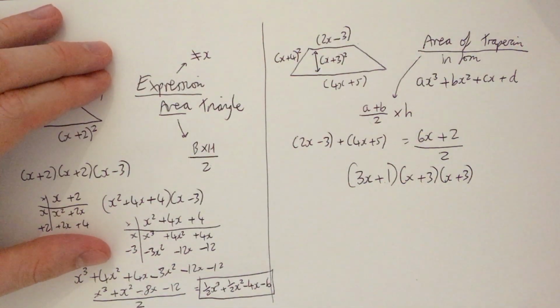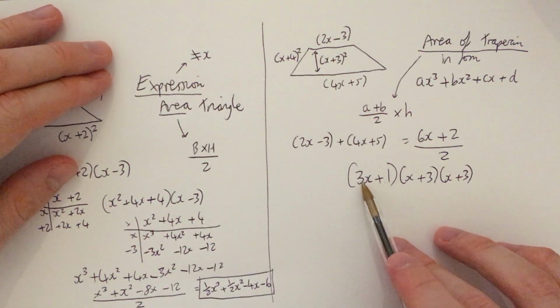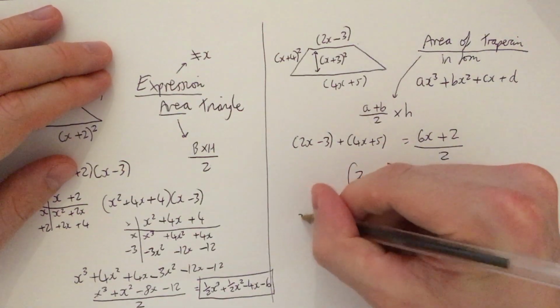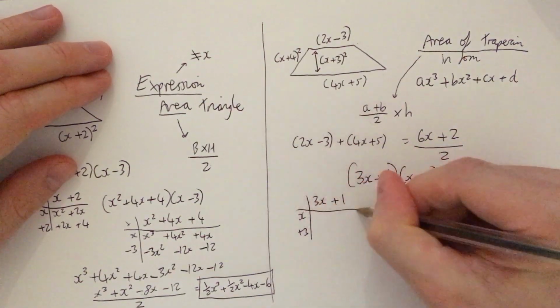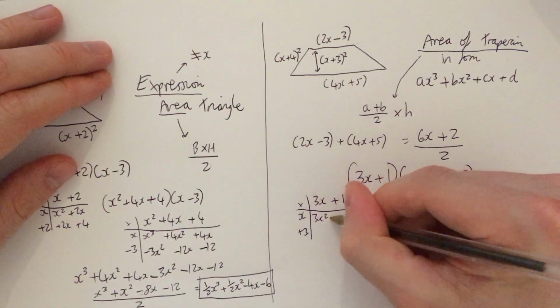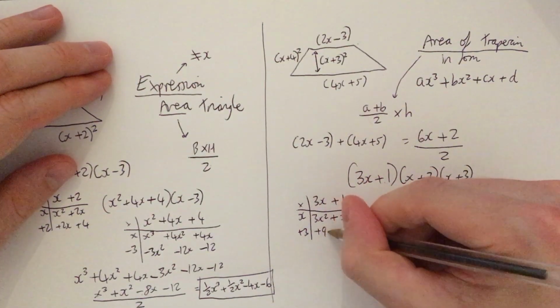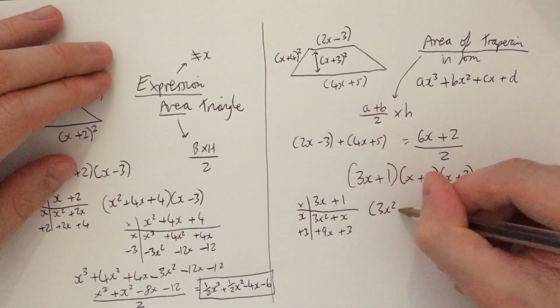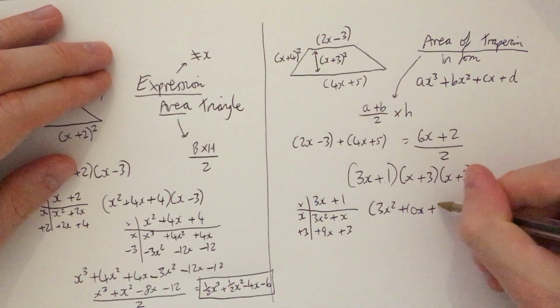Now, a lot of you should right now be like, yep, I've got this completely, and you should do. Really quickly, I'll just do it here, just to make sure that you've got the right answer. 3x plus 1, x plus 3, times it: 3x squared plus x plus 9x plus 3. So therefore, that's going to be 3x squared plus 10x plus 3.